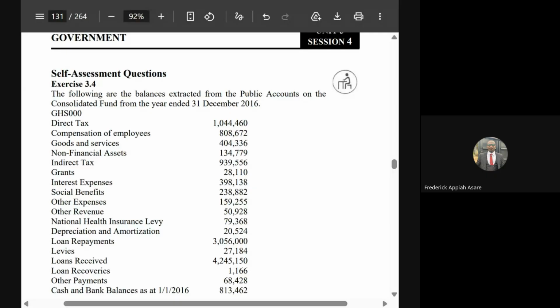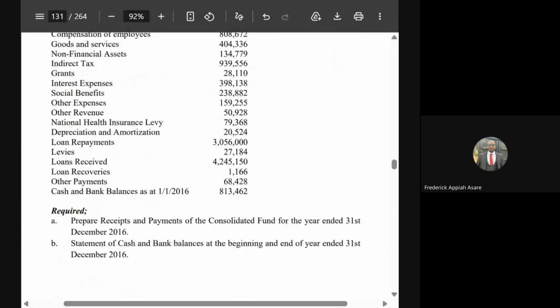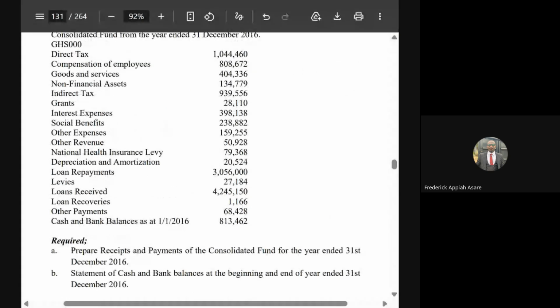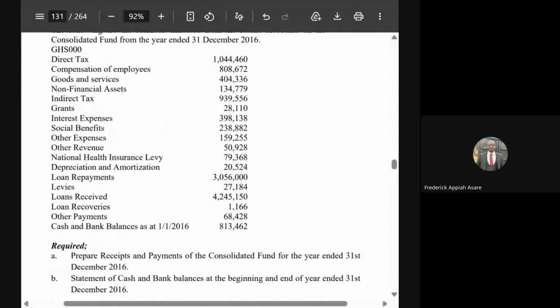So we are supposed to prepare the statement for this. We can prepare receipt and payment and statement of cash and bank. For receipt and payment, here you just open your receipt and payment. Let me reshare the screen.